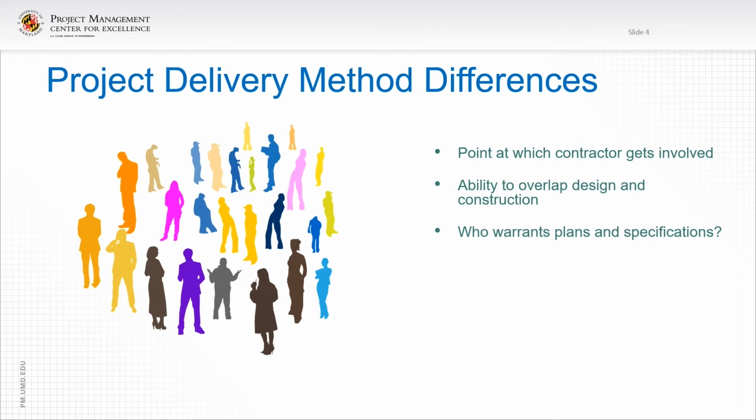Who warrants the plans and specs? Well, in design, bid, build, the original architect would warrant the plans and specs. However, for example, in design, build, you get involved in what I call the architect and engineering team number 2, they would have responsibility in all likelihood for warranting the plans and specs.